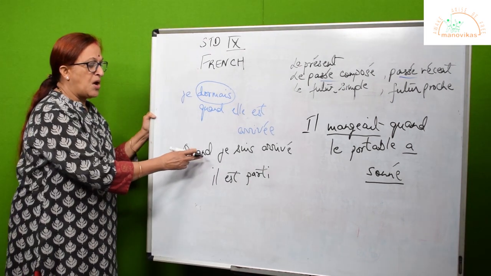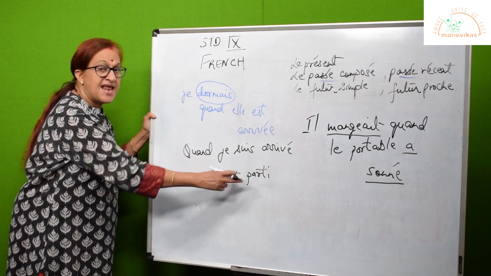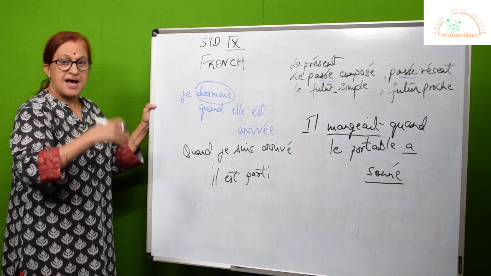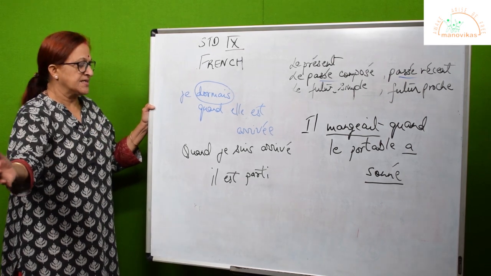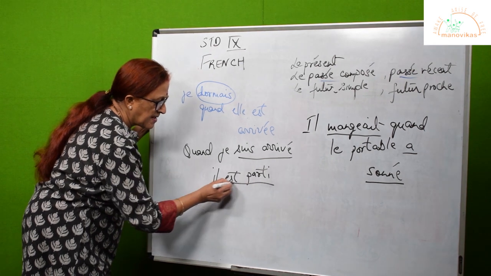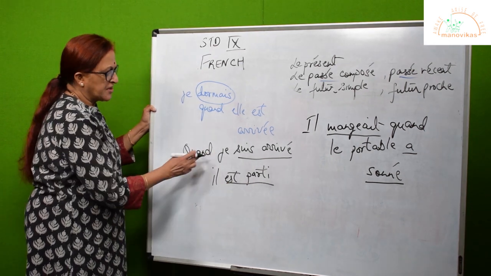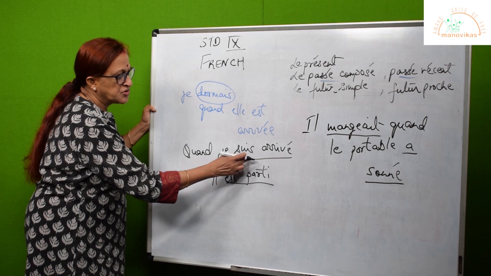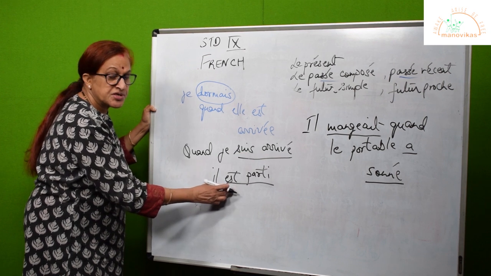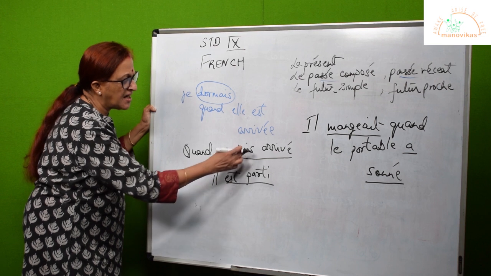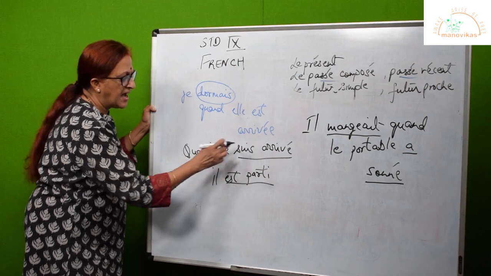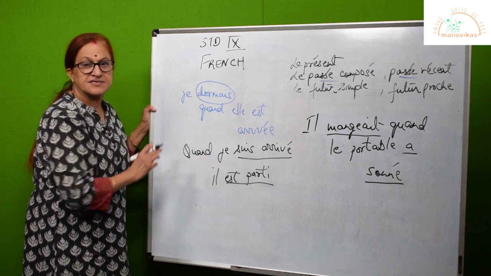Means what? When I came, he left. Here simultaneous actions are taking place. I come and he leaves. So both places I am using passé composé. If you see, quand je suis arrivé, this is conjugated using être. This is also conjugated using être because they are intransitive. Quand je suis arrivé, il est parti. When I came, he left.